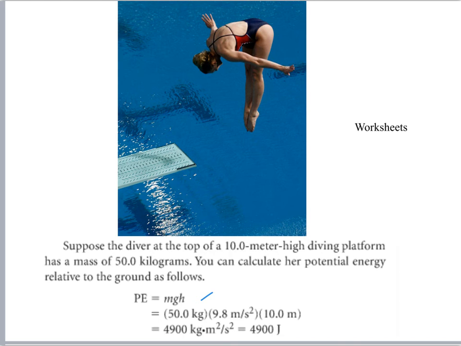We know gravity is a constant, so that's 9.8 meters per second squared. You should remember it. And we know that she is on a 10-meter high platform, so that's 10 meters. So we multiply all those out, and the answer is 4,900 joules.